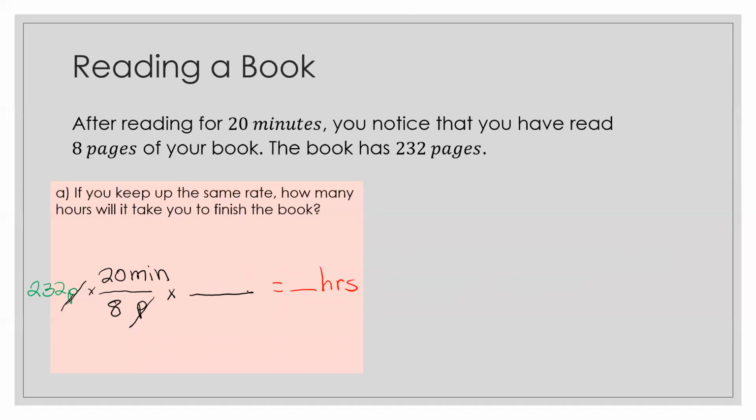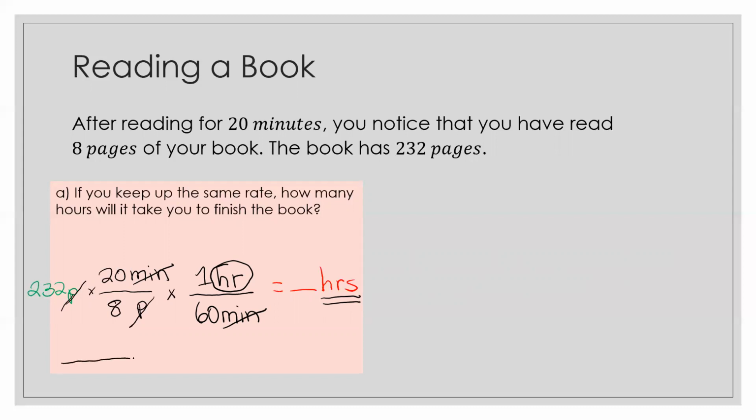So what do we know about minutes? We know that there are 60 minutes in 1 hour. All right, so minutes divided out with minutes. We are now in hours, which is what we want. Okay, so that's the end of the process. Now, how do you get to your final answer?